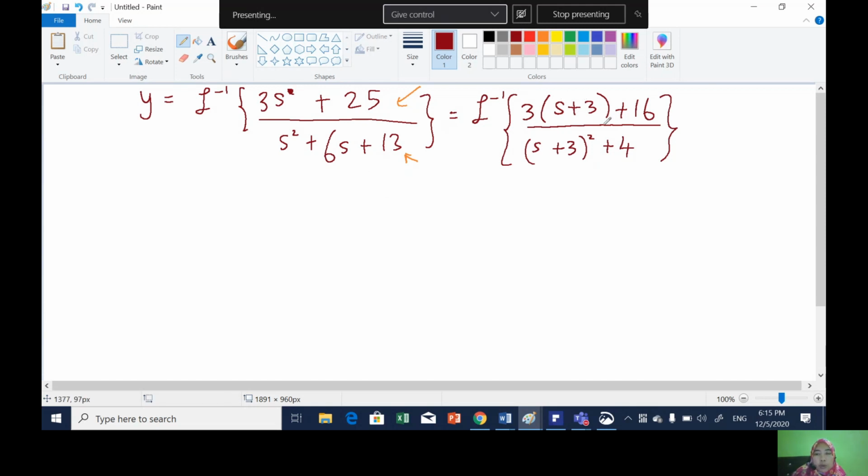Looking at the numerator, we can separate this into two separate functions like this. I'm going to continue here. So I have 3 times s plus 3, over s plus 3 in bracket squared plus 4, plus here.